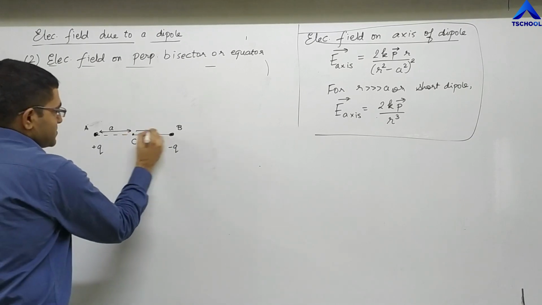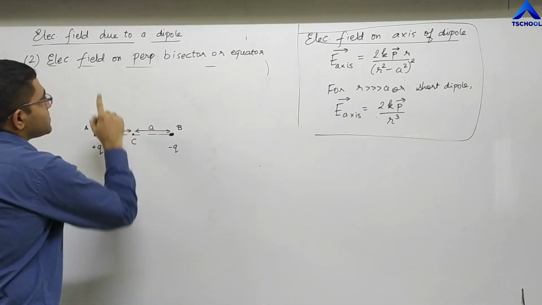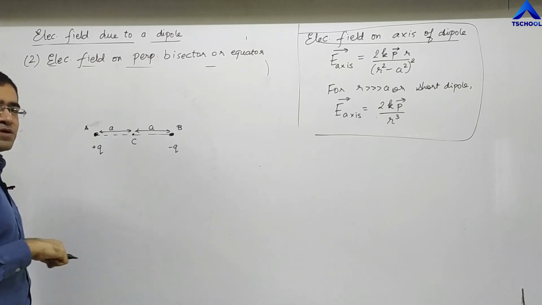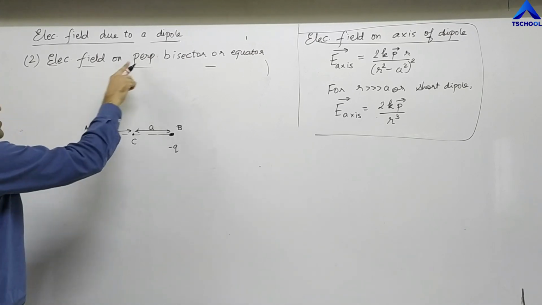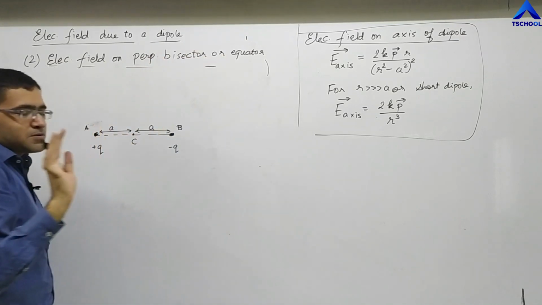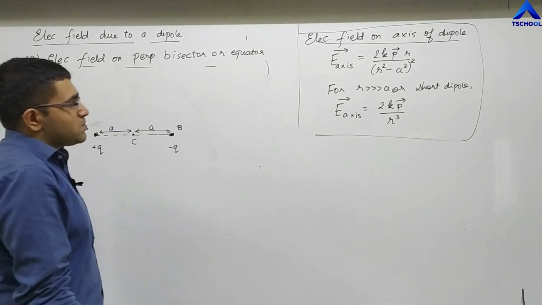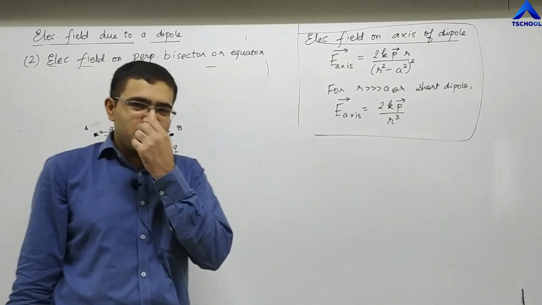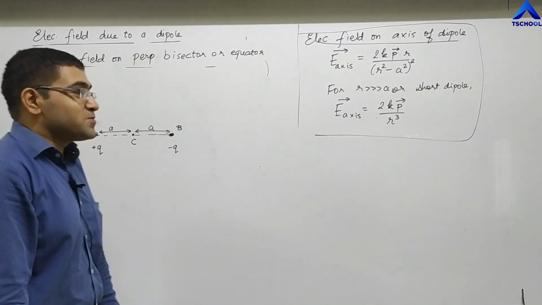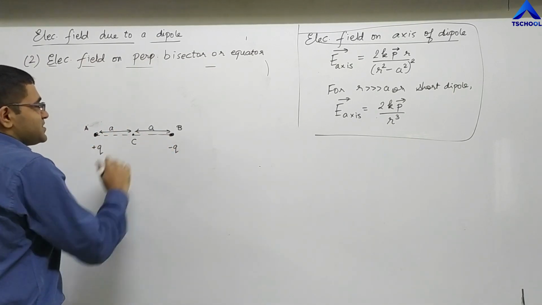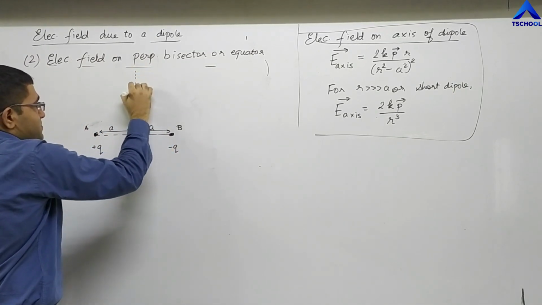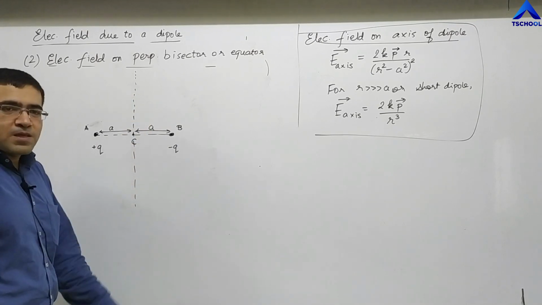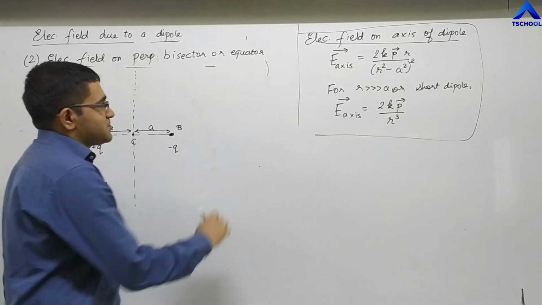Okay, so is this. Now read the title. Where should we find the electric field? On the perpendicular bisector or the equator. Now, perpendicular bisector, I'm sure all of you have studied geometry very nicely, and you remember that if these are the 2 points, then their perpendicular bisector is here. Excuse the drawing. Why is it called equator? Well, it's very simple.